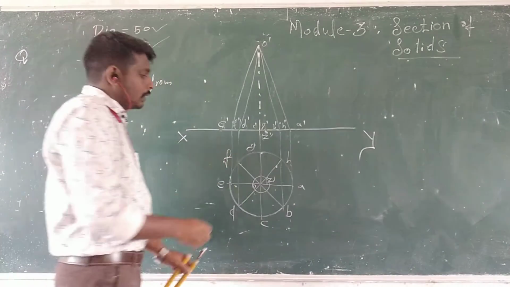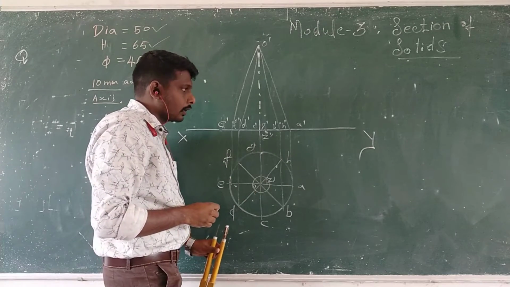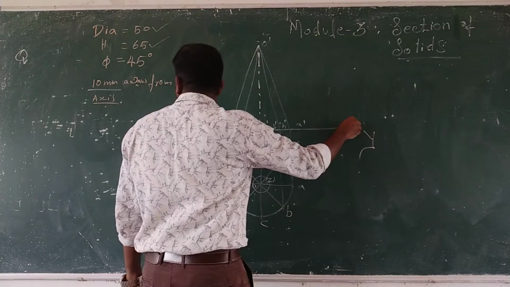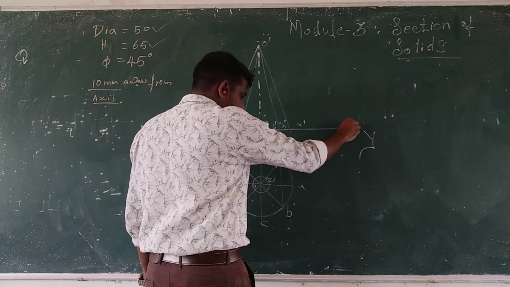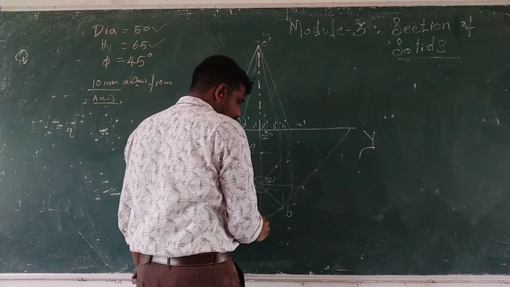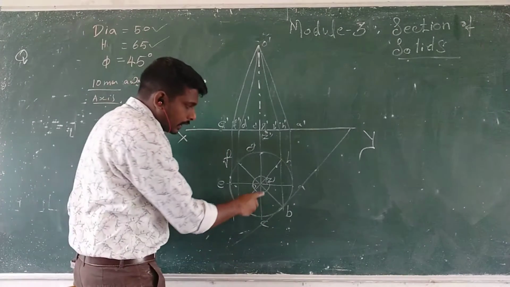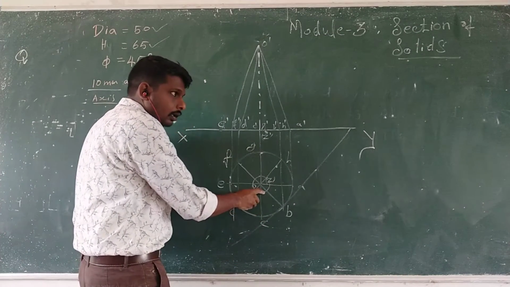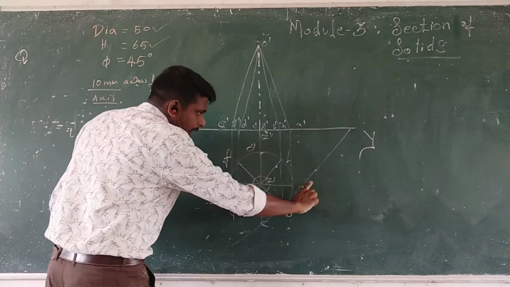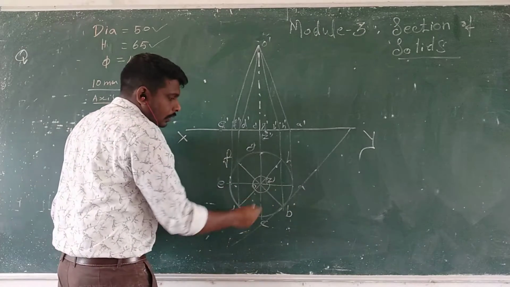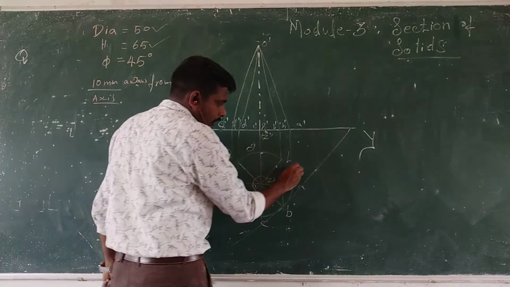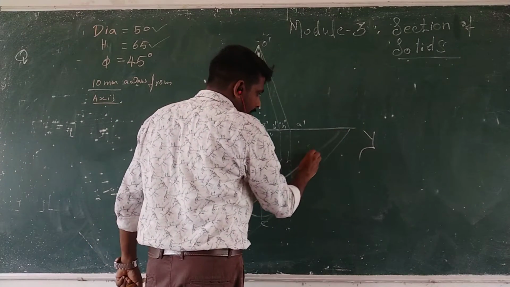Then we have to draw a section plane which is 45 degrees inclined to VP. But as you know, it is not touching the circle that is 10 mm away from the axis. So we need to project the same section plane up to the circle by drawing a tangent. This is the actual section plane.